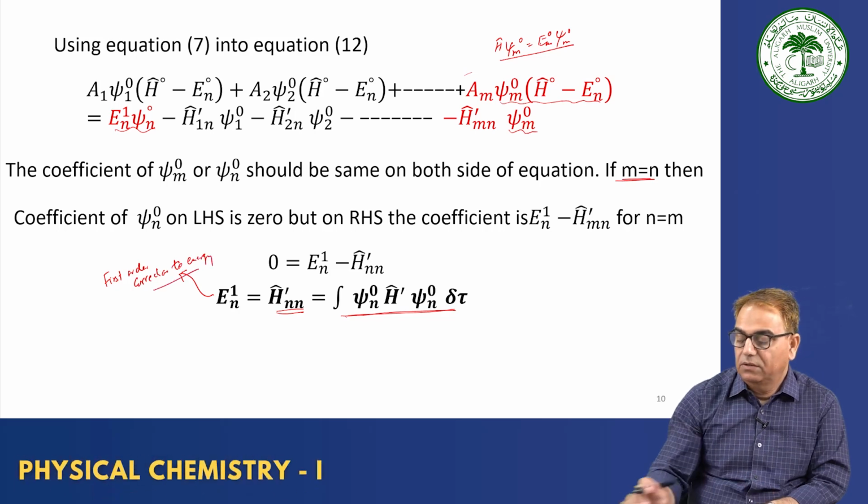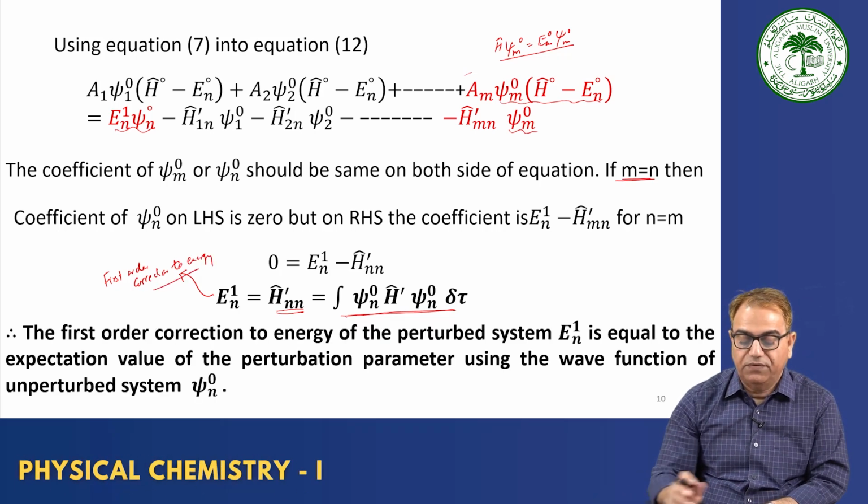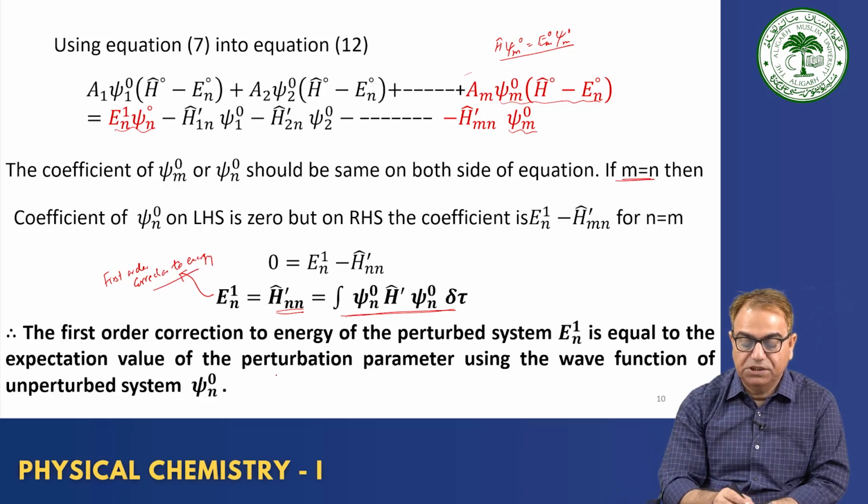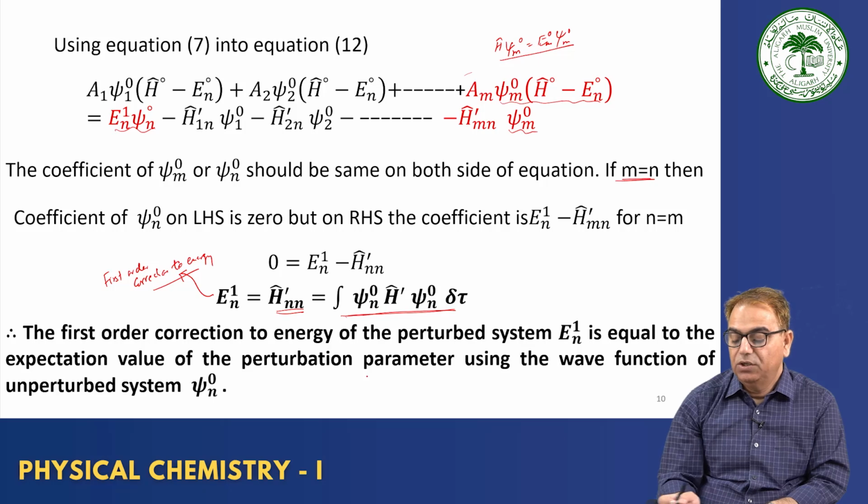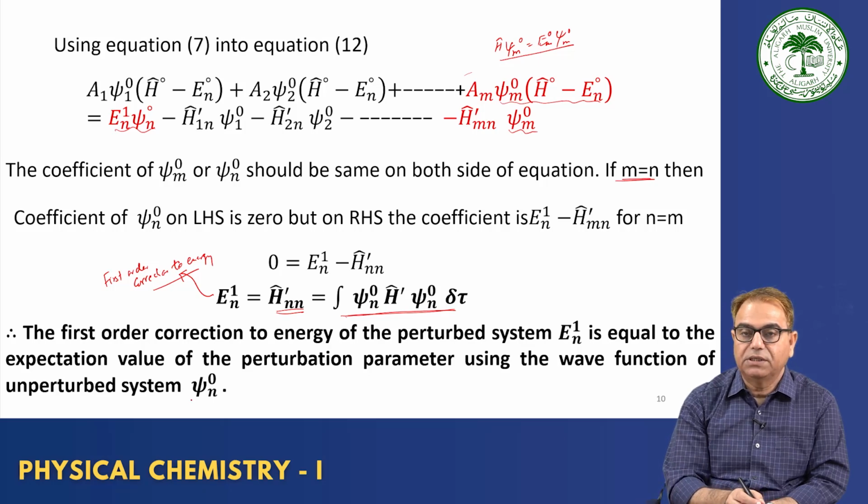So the first order correction to the energy of the perturbed system, En1, is equal to the expectation value of the perturbation operator using the wave function of the unperturbed system, psi n naught. Why did I write expectation value?